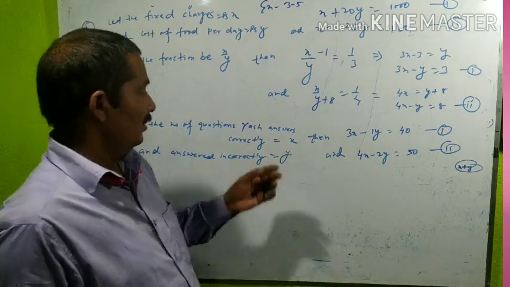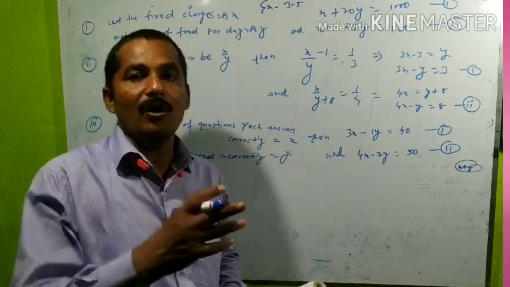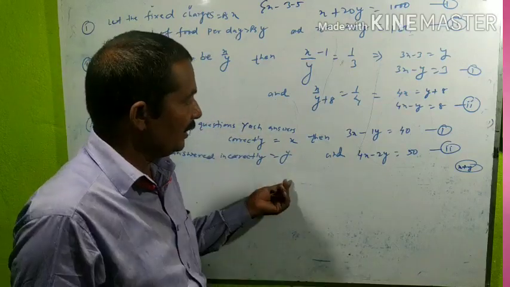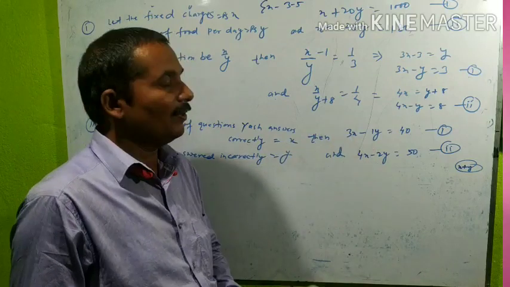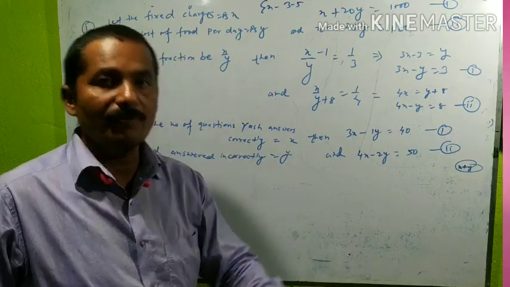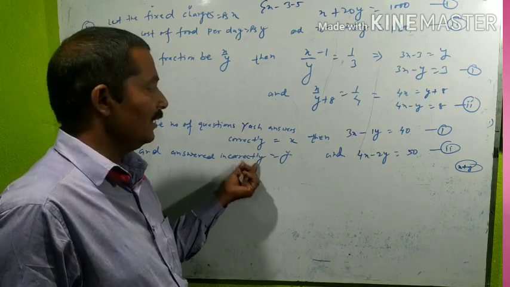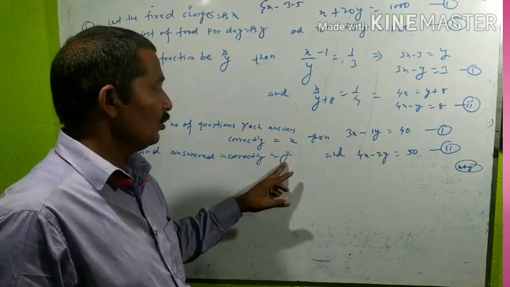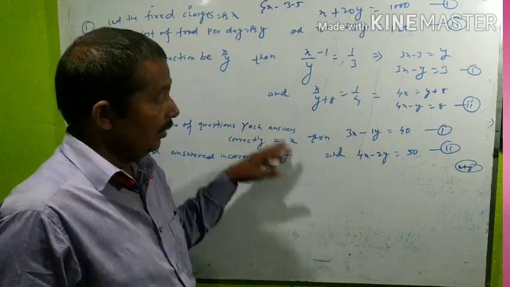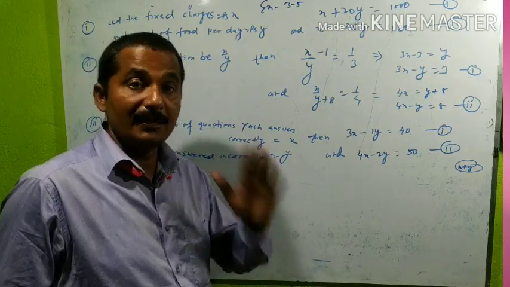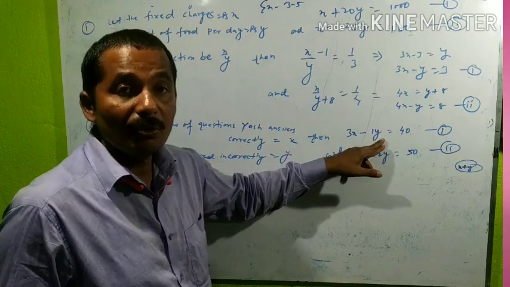And y is the number of wrong answers, where for each wrong answer you lose 1 mark. The total number of questions he answered incorrectly is equal to y, and for each wrong answer 1 mark is deducted, so total deduction will be 1 into y.